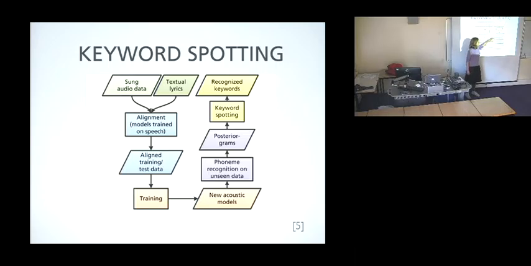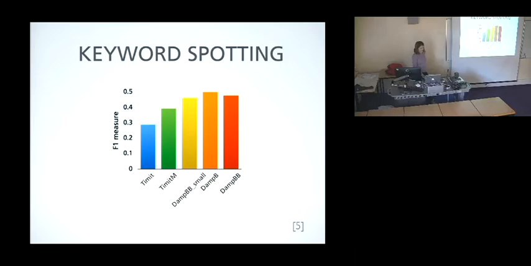Then I can use those models to do phoneme recognition on unseen data. That gives me the phoneme posteriorgrams that I showed you earlier. And then I can try to find my keywords in those posteriorgrams, and that'll tell me where the keywords are. I did that again with the same acoustic models that I talked about at the beginning.